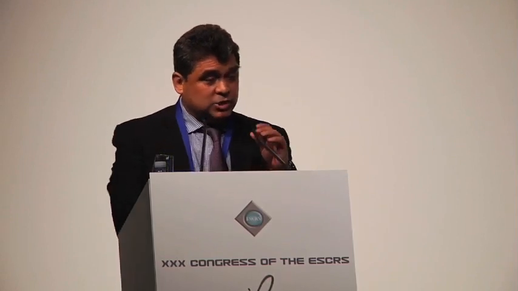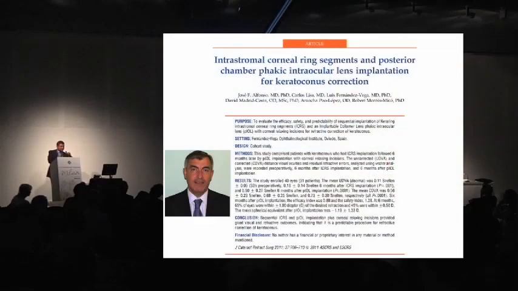Well, I suggest you take a look at this paper that was published last year, in November. I think Pepe Alfonso was the first brave ophthalmologist in the world to conclude that sequential intracorneal ring segments and a posterior chamber implantation plus corneal relaxing incision provide good visual and refractive outcomes, indicating that this is a predictable procedure for refractive correction of keratoconus.